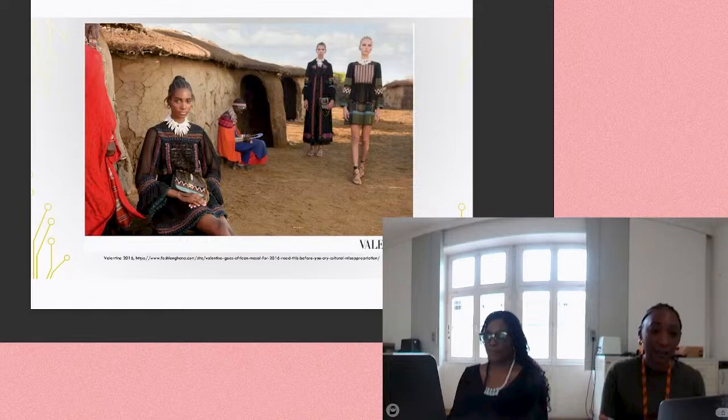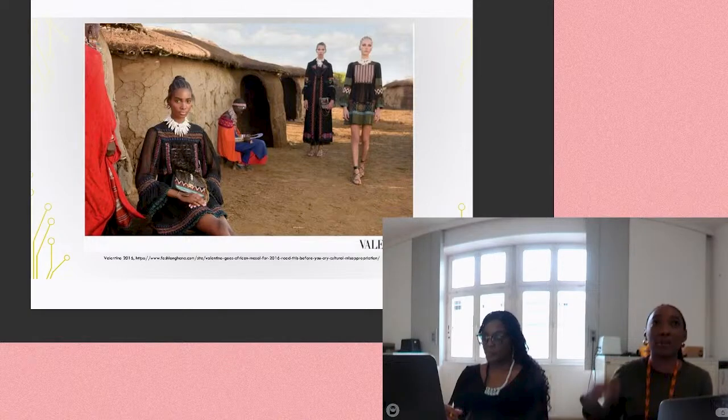This is an example of Valentino, who did a collection in 2016. His inspiration was Africa, a very beautiful collection. Then they decided to do the editorial campaign for this collection, shooting it in Kenya. They traveled to Kenya and found a remote rural place where they shot this campaign.